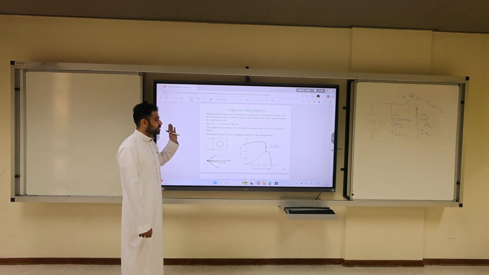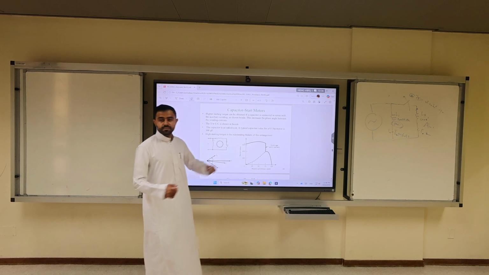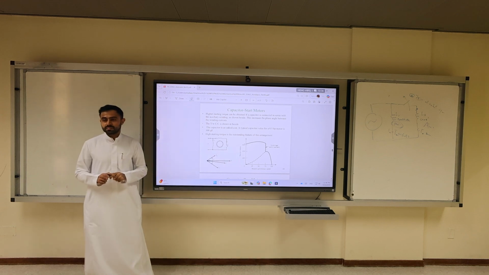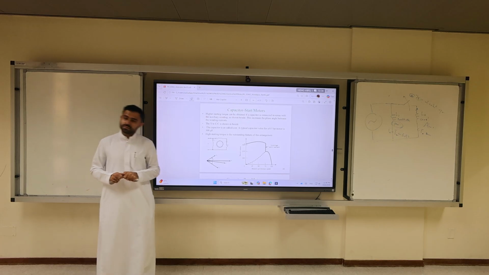So high starting torque is the outstanding feature of capacitor start. This is capacitor start. Is it capacitor run? No. Doctor, if we are getting a higher torque, why don't we just keep both windings for the whole time? If you keep both windings, then you use the capacitor run mode.